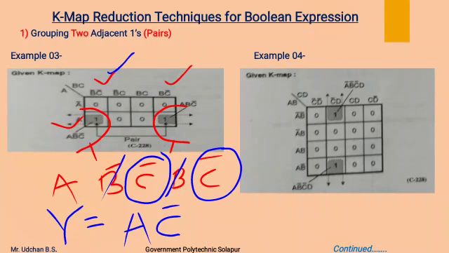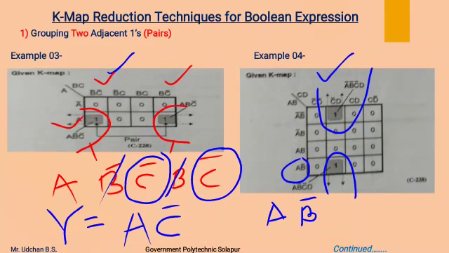After that, for this example, here is a 1 and another one is over here. As this cell and this cell are adjacent with each other, we can make a group of two ones like this. Now the terms related to this group are this one, that is A, B bar, this one, that is A bar, B bar.